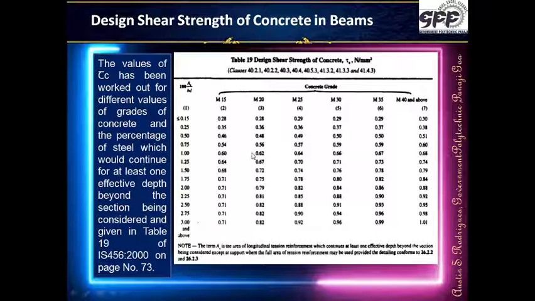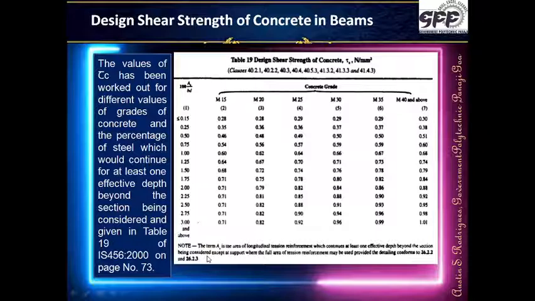Please note another thing about this 100 As upon bd: there is a note given at the bottom. This note says that the term As used here is the area of the longitudinal tension reinforcement, the flexural reinforcement, which continues at least one effective depth beyond the section being considered.